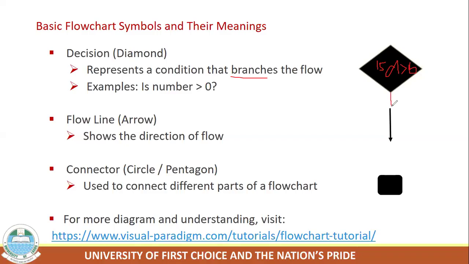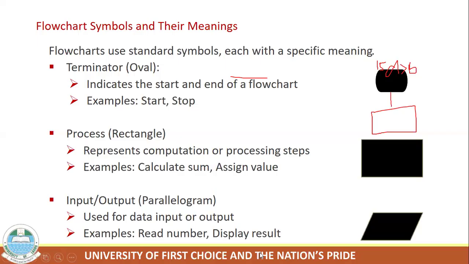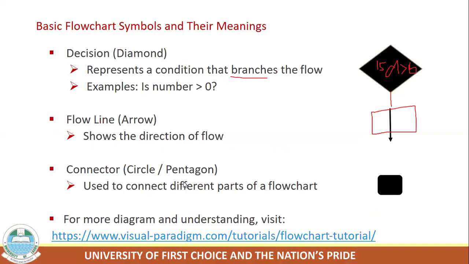If it is true, let's say you do this step, print A. If we want to print, remember, what do we use to print? Let's go back to print. We'll use a parallelogram. I'm just showing you some of the steps you go through.